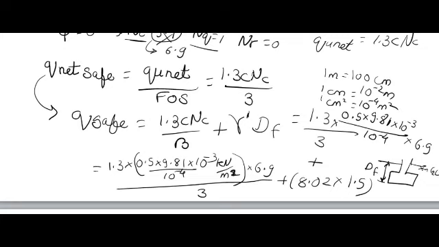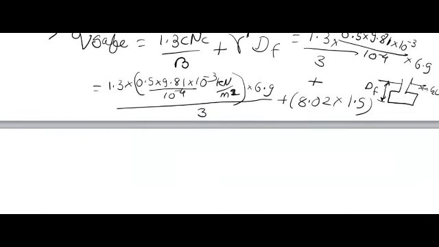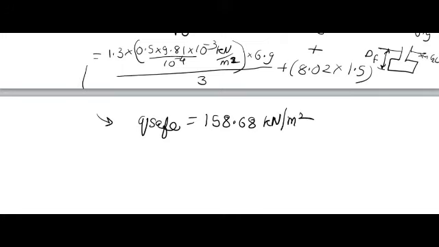So by calculating this, q safe comes out to be 158.68 kilonewton per meter square. That's our q safe.